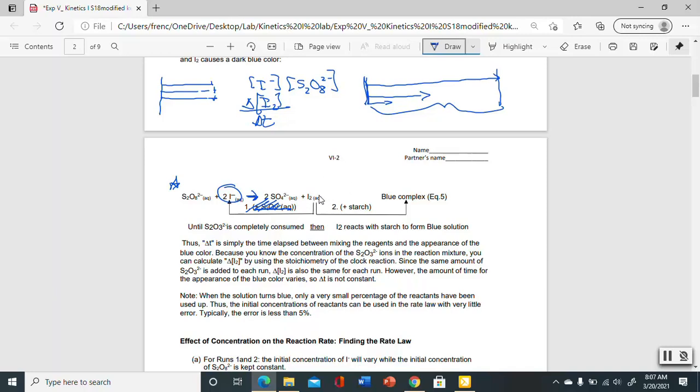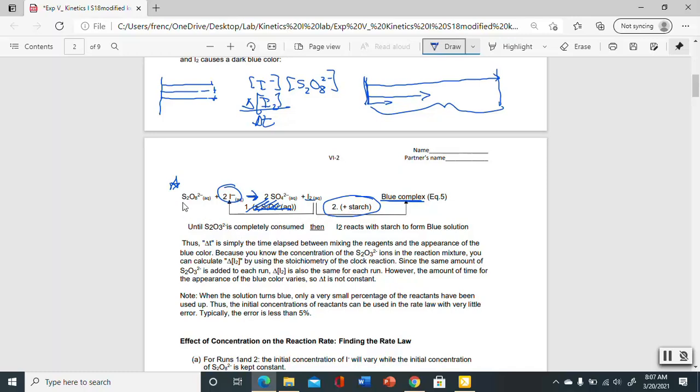Now we want to make that iodine detected a little bit better than this faint brownish color change, so we are adding starch. And as some of you may have seen in high school biology, starch and iodine form a dark blue.